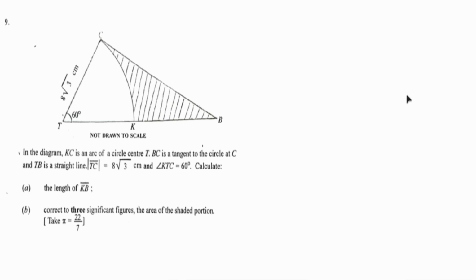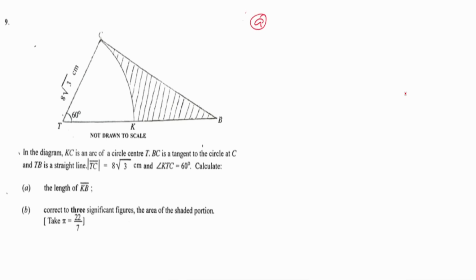The length TC equals 8√3 centimeters and angle KTC equals 60 degrees. Calculate A, the length of KB. B, correct to three significant figures, the area of the shaded portion. Take pi equals 22/7. Let's start with A.